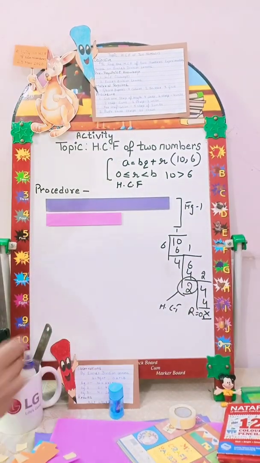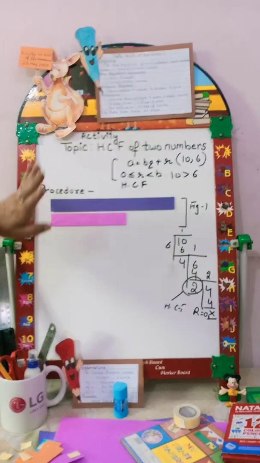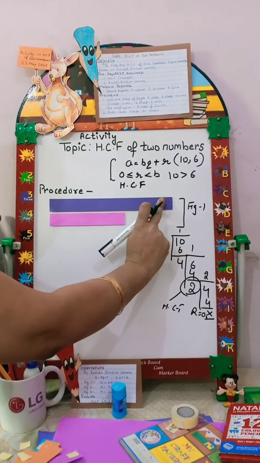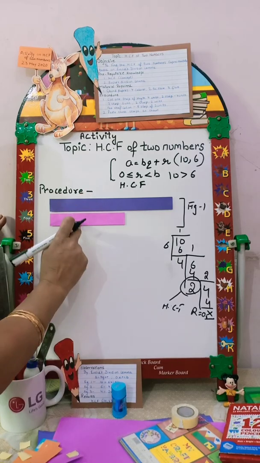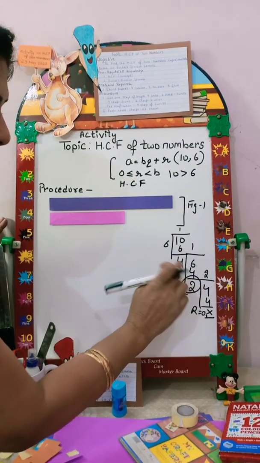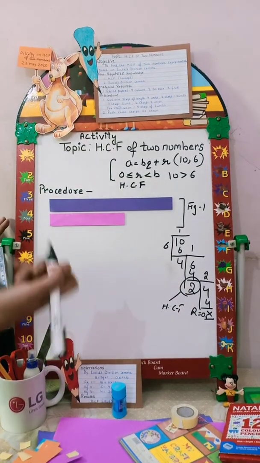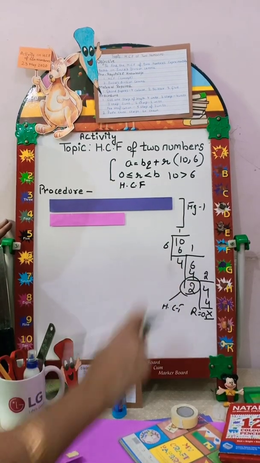Now I am finding this with the help of my activity. In my first figure, I paste a 10 centimeter strip, then a 6 centimeter strip. Now I am left with some part, that is my remainder. Here my remainder is 4. For the second step, I apply the procedure for 4 and 6.